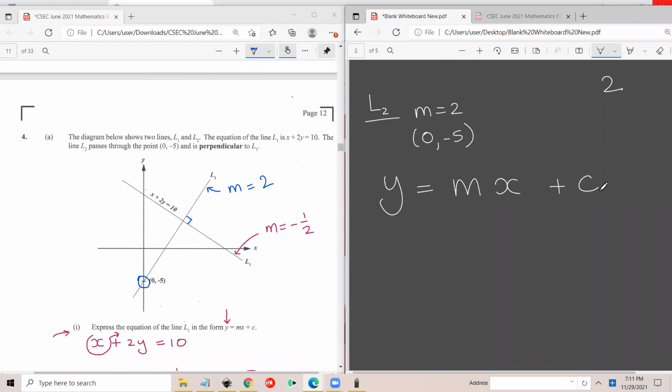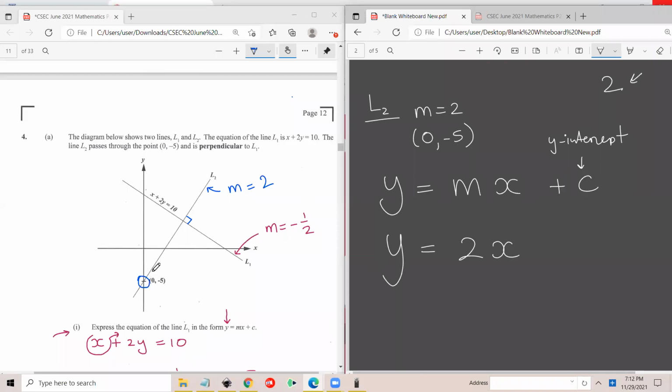All right. You'll realize the examiner blatantly gave us the y-intercept. Isn't the y-intercept where the line cuts the y-axis? Isn't C the y-intercept? So I don't think we even need to do any calculations here. For the line L2, the gradient is 2, that is the same 2 here. And how much is the y-intercept?